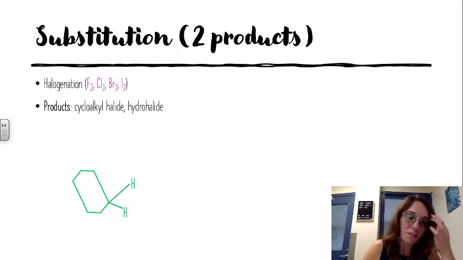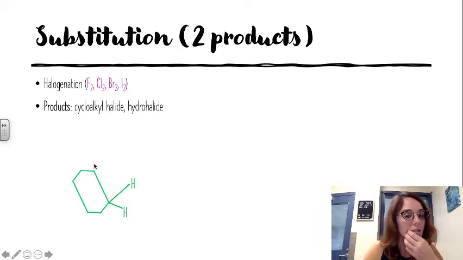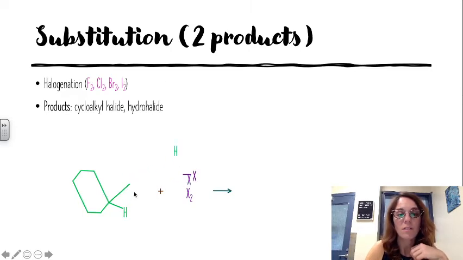So here's another example. Here I've got 6 carbons. And again, the only reason why I'm showing these 2 hydrogens here is to show how the substitution happens. The X represents my halogen, whatever it happens to be. So one of the halogen atoms will switch places with one of the hydrogens in order to create my hydrohalide.